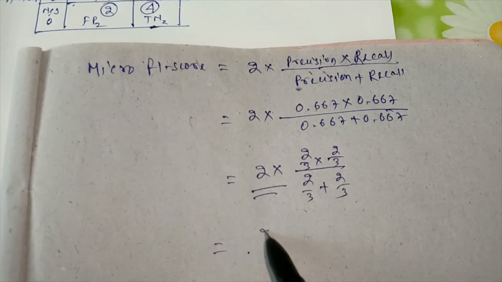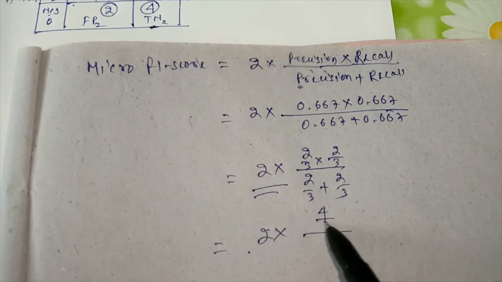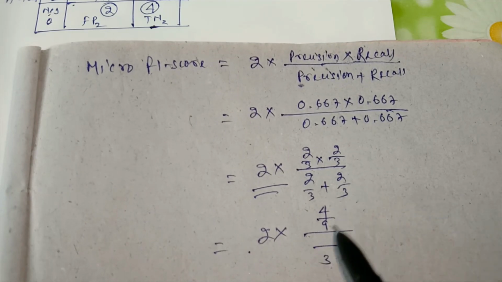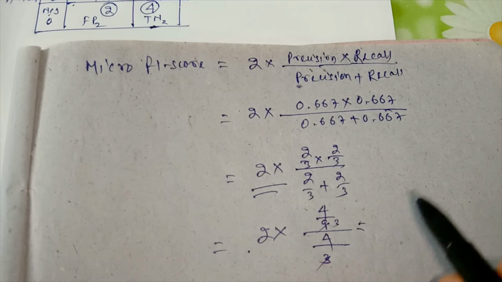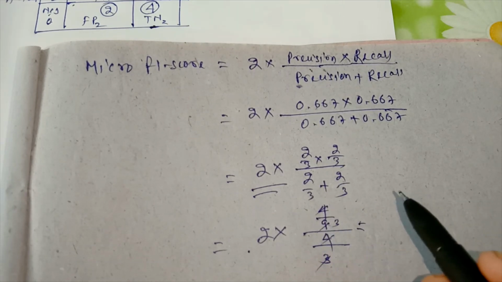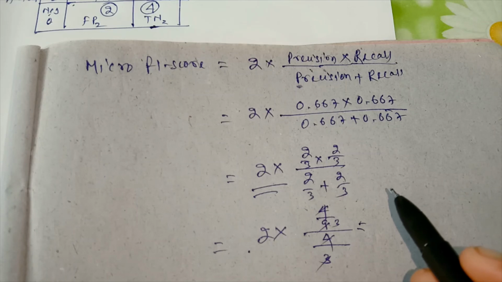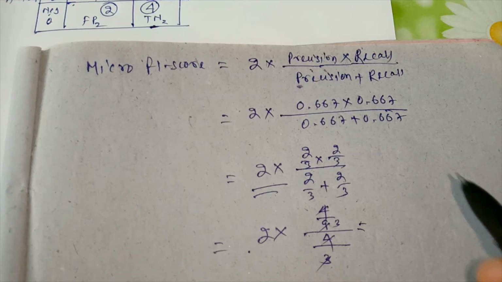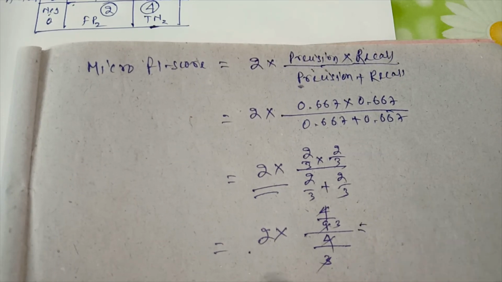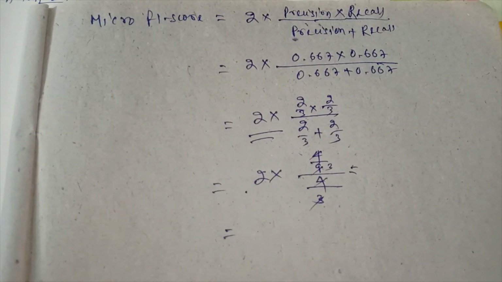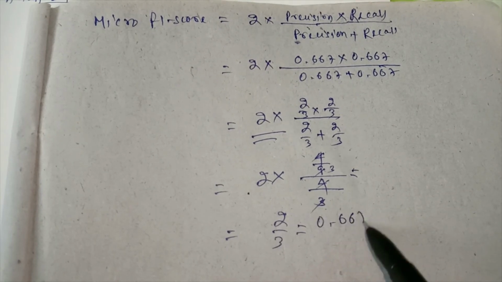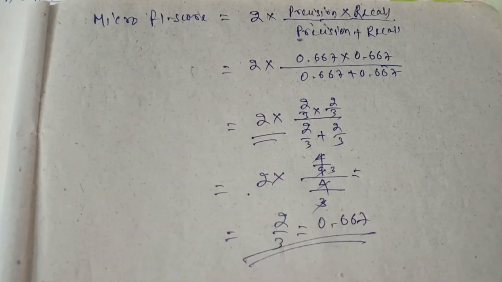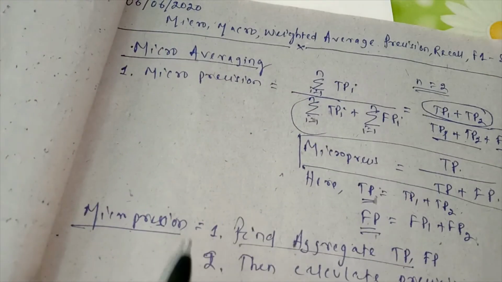That is 2 into 4 by 9, divided by 4 by 3, and you get 2 by 3, 0.667.